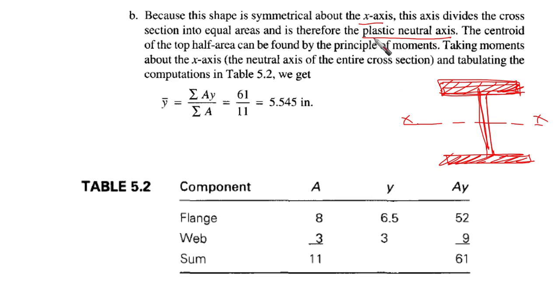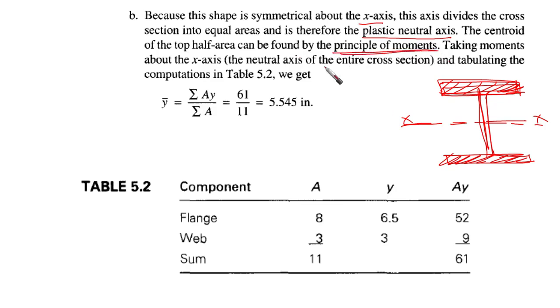Commonly it should be different than the elastic neutral axis, but here it is going to be the same, because the plastic and elastic neutral axes would divide the whole cross section into two equal parts. The centroid of the top half area can be found by the principle of moments.